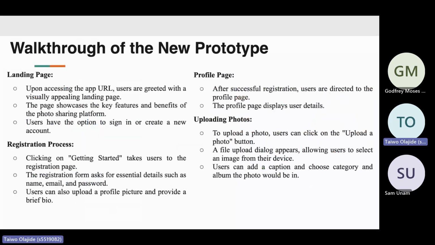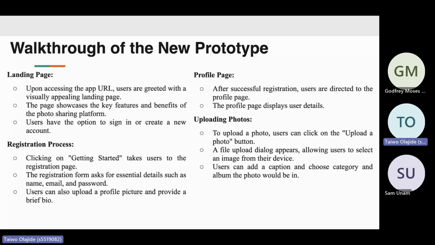Okay, so I'll be taking over. It's Taiwo here again. This is a walkthrough of the new prototype that was developed using the Figma online application. This tells us how we can navigate through our prototype. We can access the prototype URL to visit the landing page.